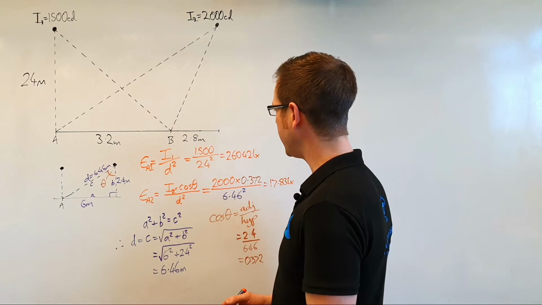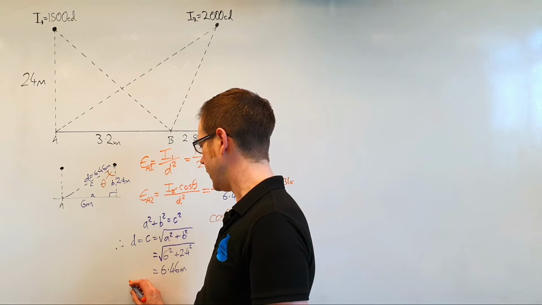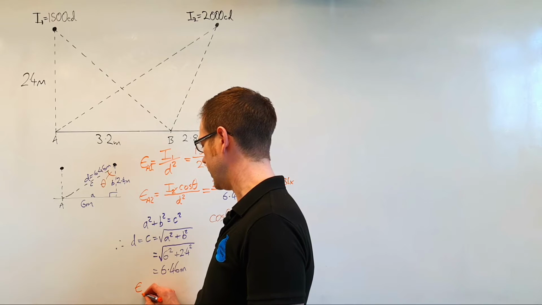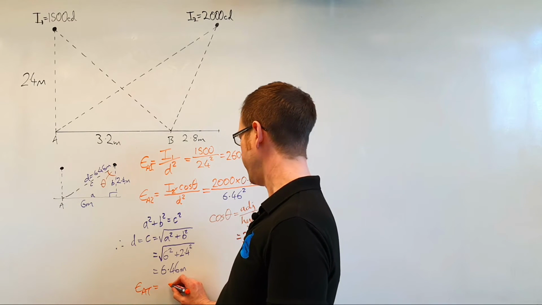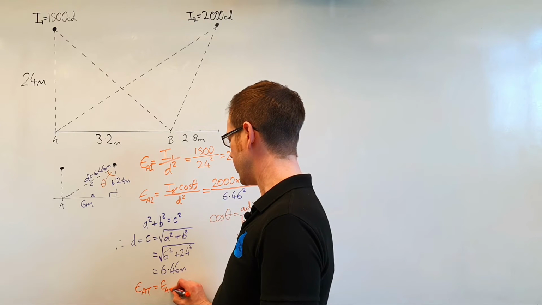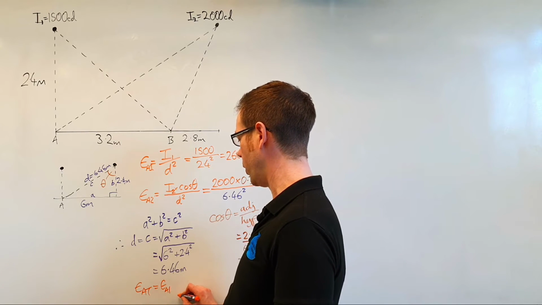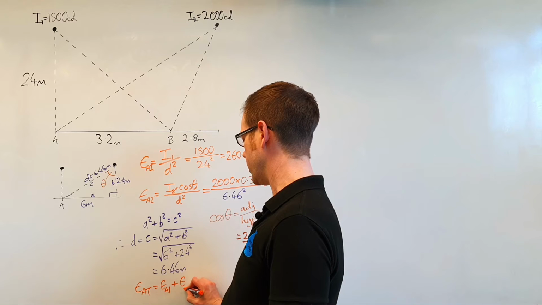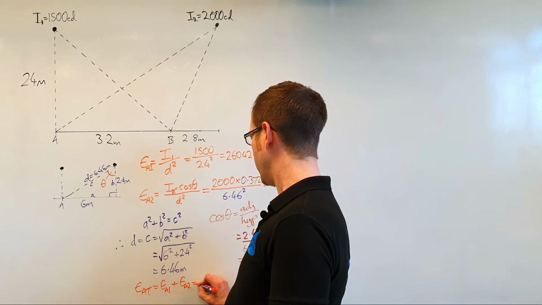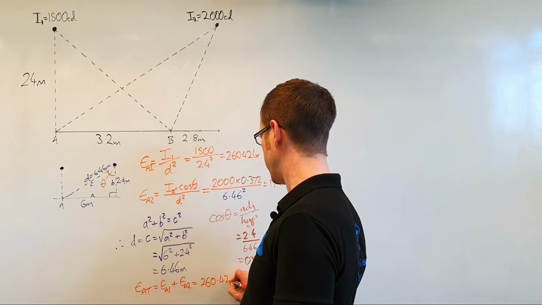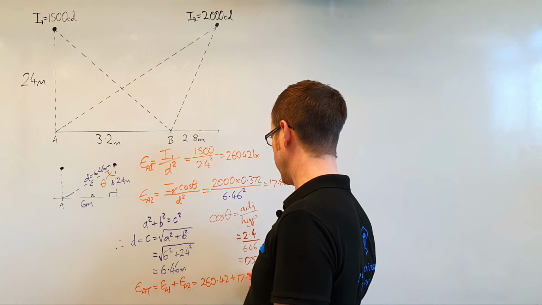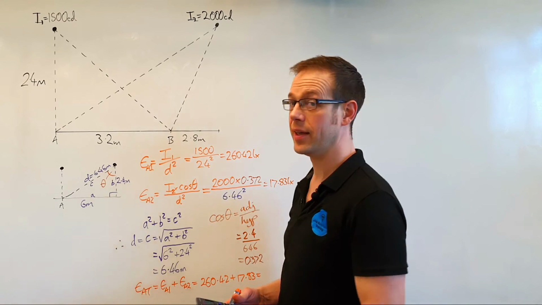So we can say that the total illuminance at position A will be equal to the illuminance from light position 1 plus the illuminance from light position 2, which gives us 260.42 plus 17.83, and that's going to lead us to our answer.